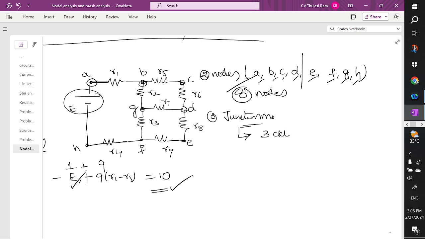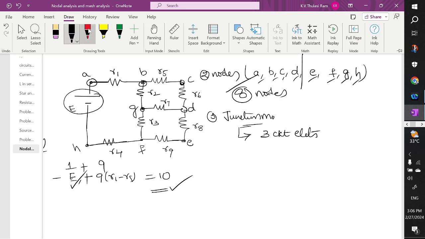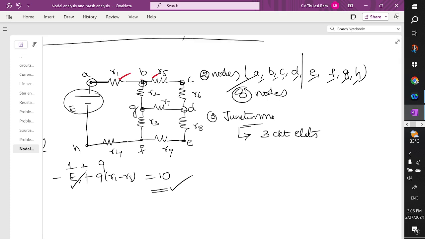Here we have 1 2 3, this will act as one junction point, and 1 2 3, this is another junction point, and this is another junction point. This is not a junction point, and this is another junction point.